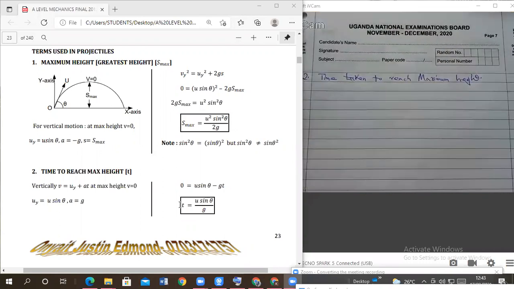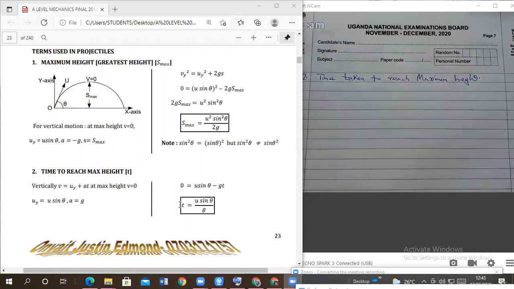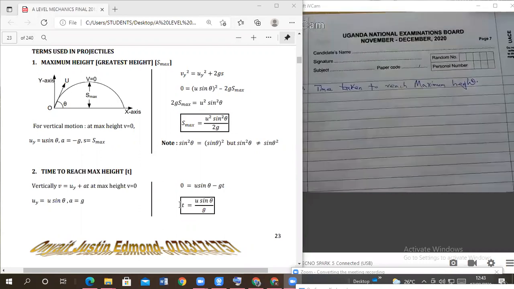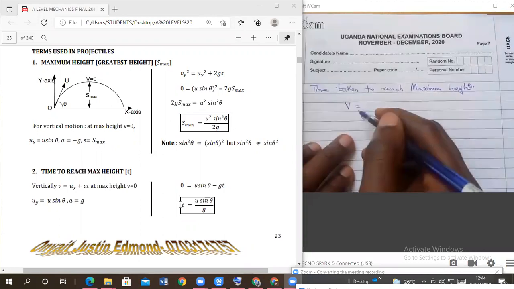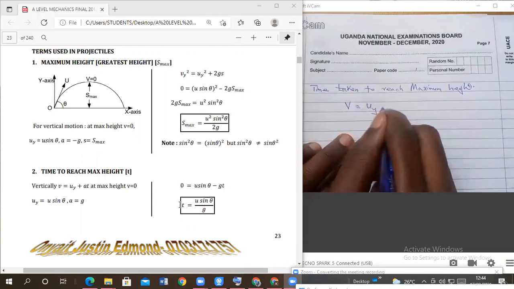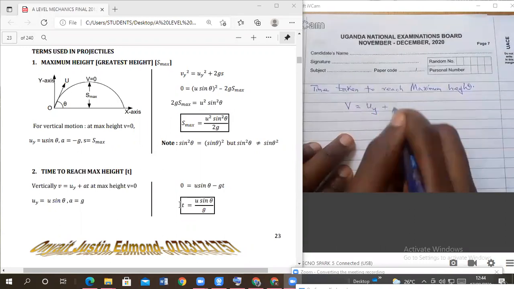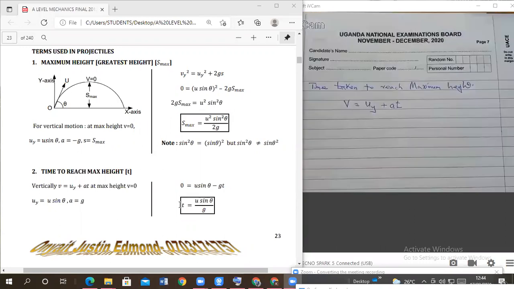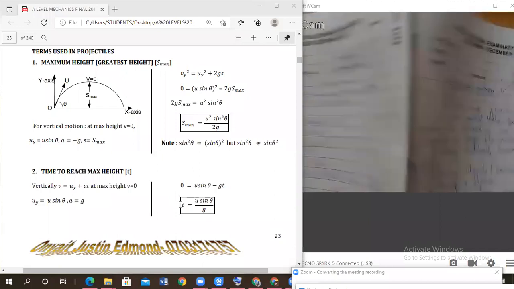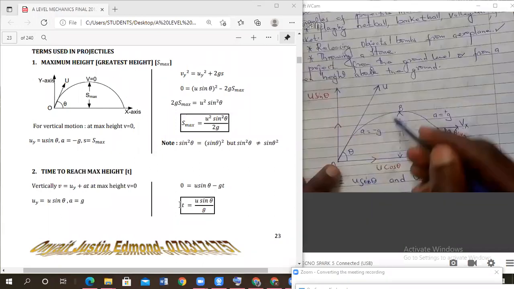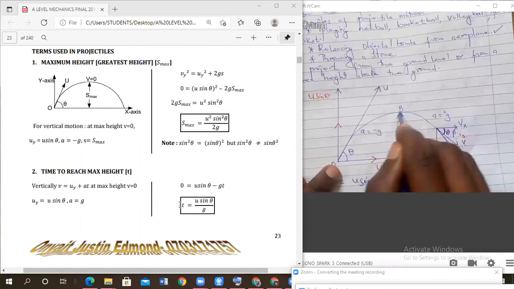The only difference now is that this one is projected at a given angle. So V, which is equal to Uy plus AT. We want to find the time taken to reach this maximum height, from here up to this point B. Okay?